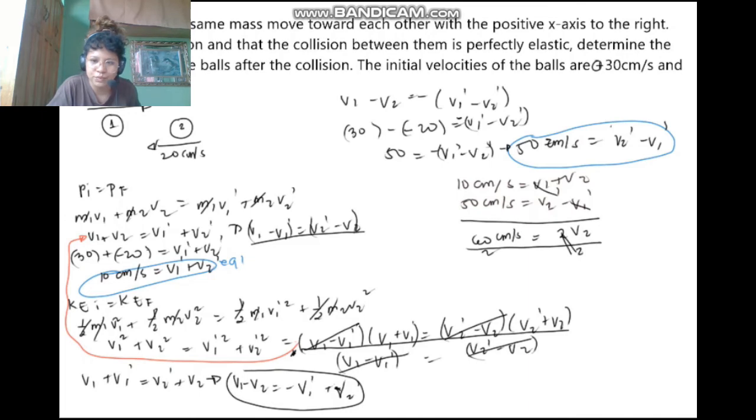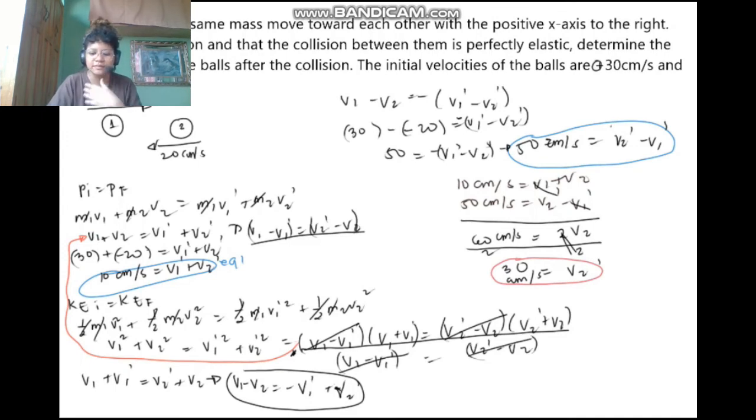We're going to get 30 centimeters per second is equal to v sub 2 prime. And this is the final velocity of the second object.